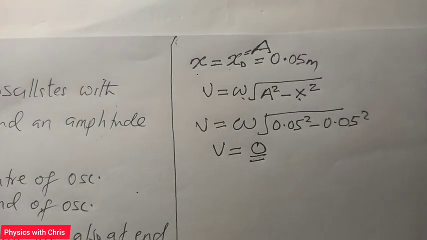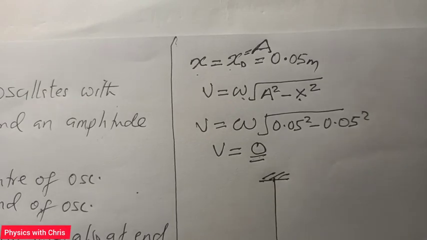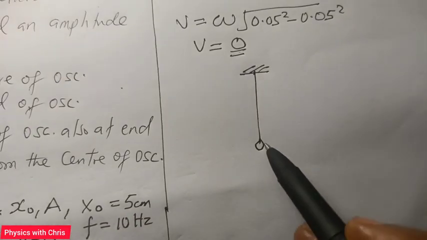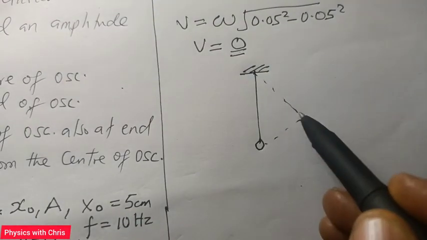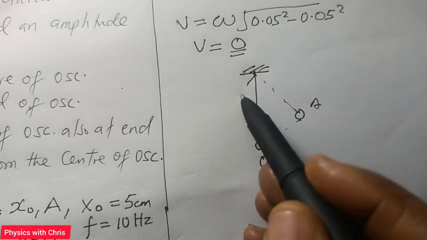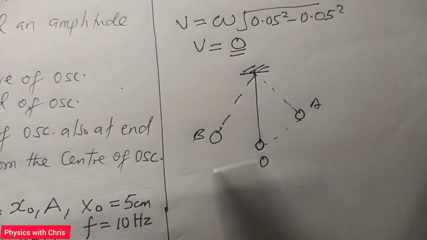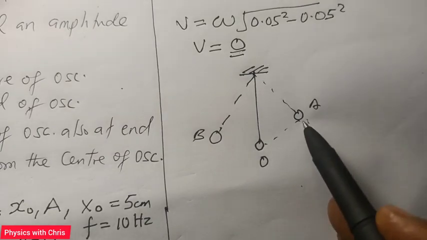If I use the case of a simple pendulum to make my illustration, let's say this is where the bulb is at its rest position, and it can swing to one extreme end here, point A for instance, before it returns back to point O, and also can swing to this extreme position, point B. So the bulb is free to swing between these two ends. This point is what we call the end of oscillation.